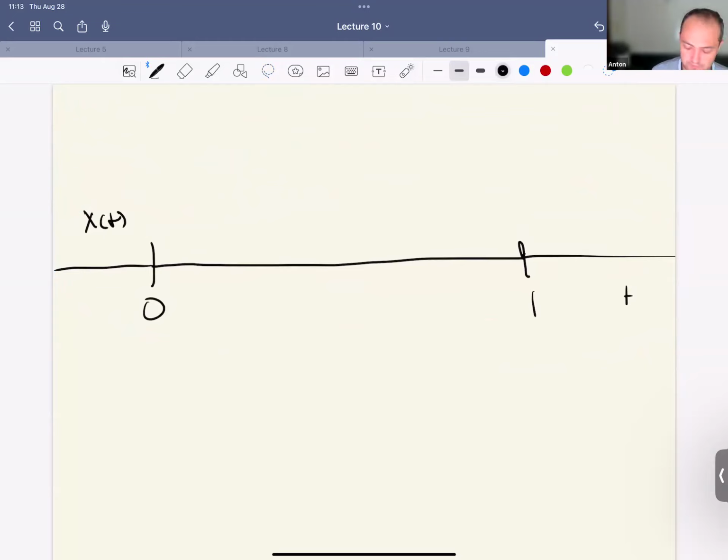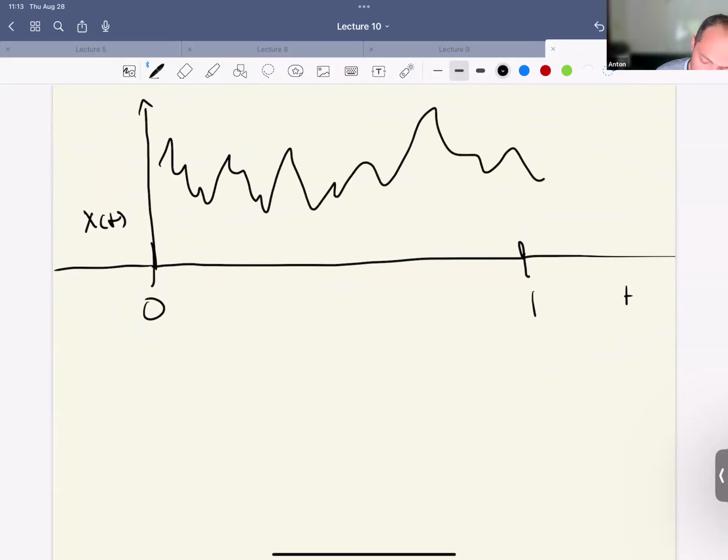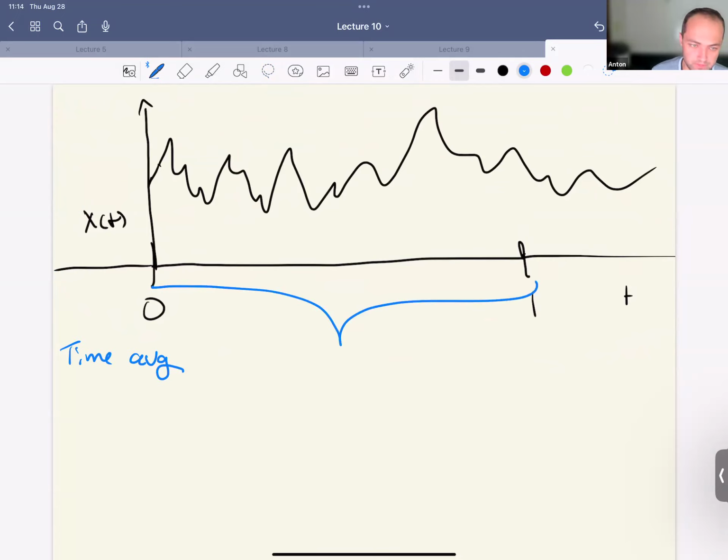We observe the process, and I'm not going to stick true to our workload here; this is our process. The time average, I'm going to use blue for this, means I'm going to observe it over this interval from 0 to 1, and it's in steady state.